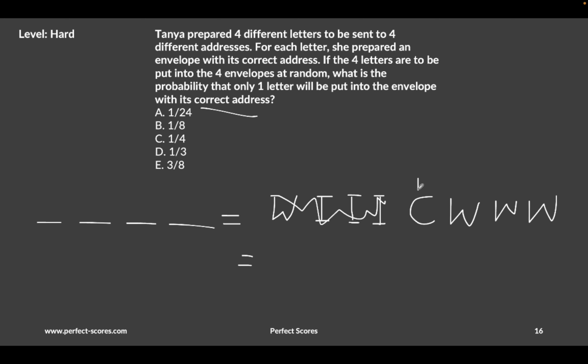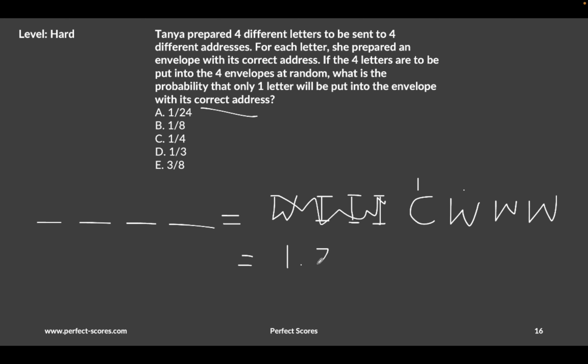So what's the probability of sending a letter to its correct address? That's just one way of doing that, because there's no other possibility. Now, what's the probability of sending a wrong letter? Now you're left with 3 letters, right? You cannot send that letter to its own address, because that will make it correct.